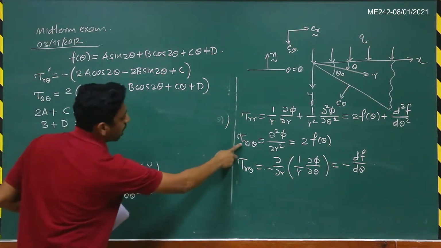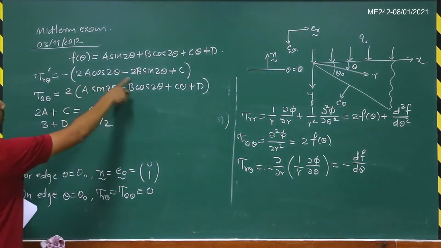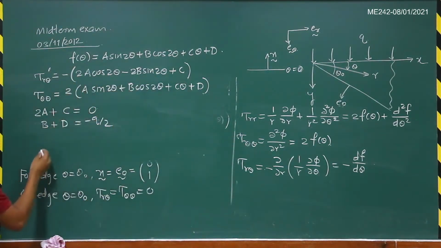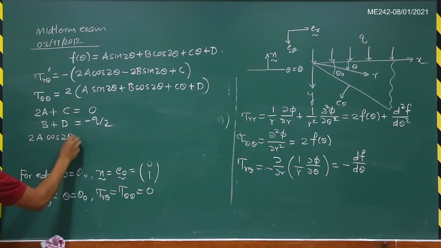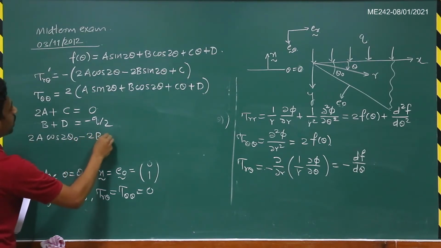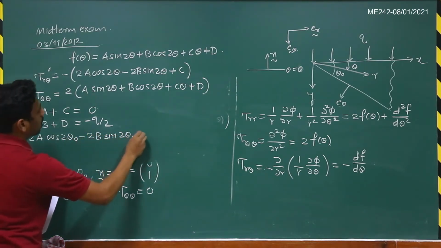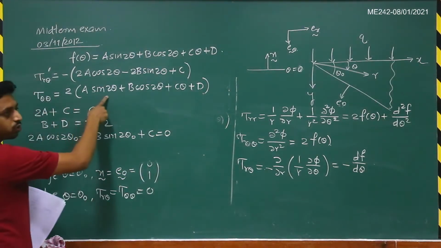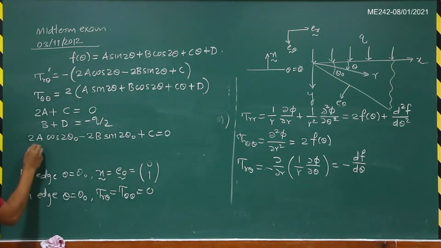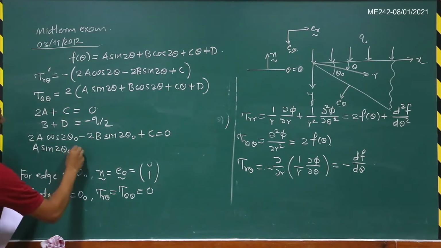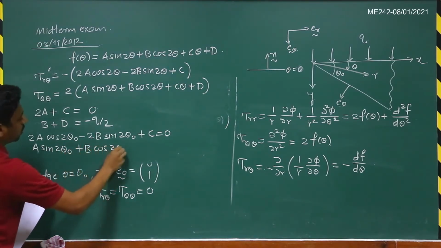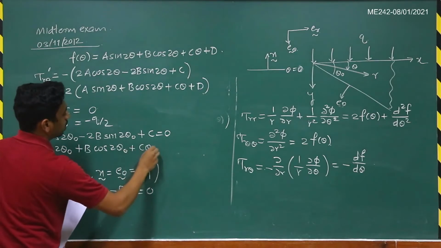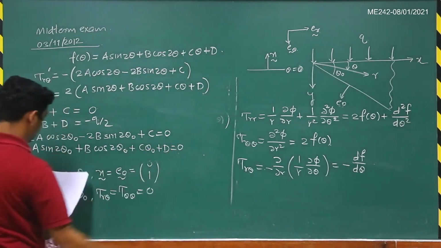Tau r theta gives 2a cos 2 theta naught minus 2b sin 2 theta naught plus c equals to 0, and tau theta theta at theta equals to theta naught is also 0. So we get a sin 2 theta naught plus b cos 2 theta naught plus c theta naught plus d equals to 0.